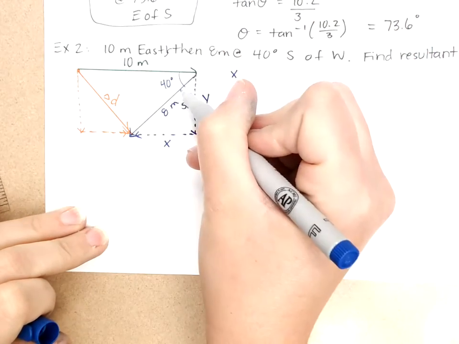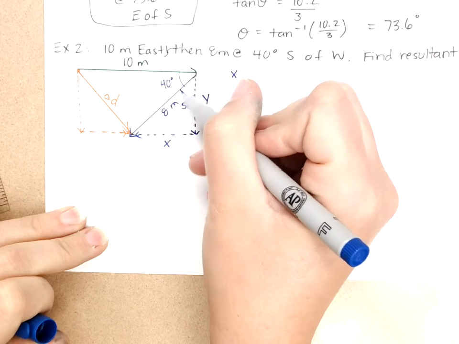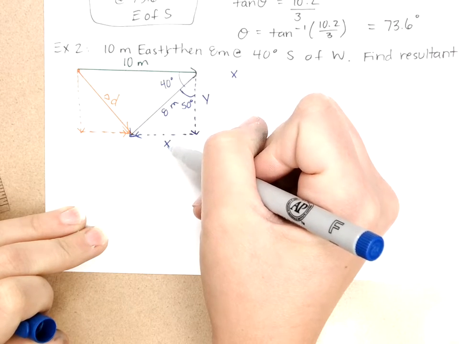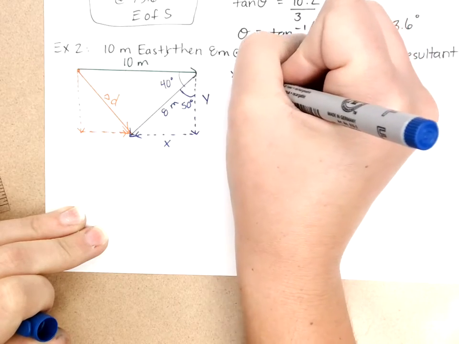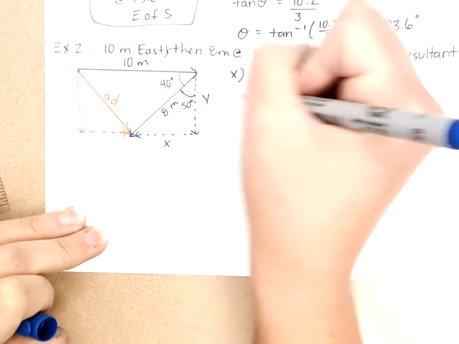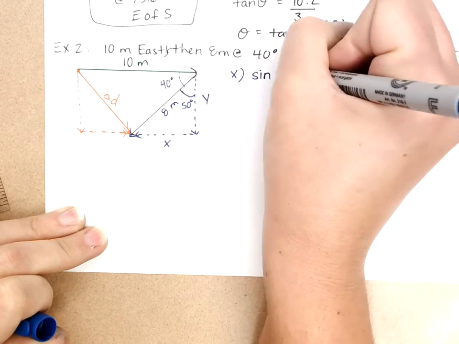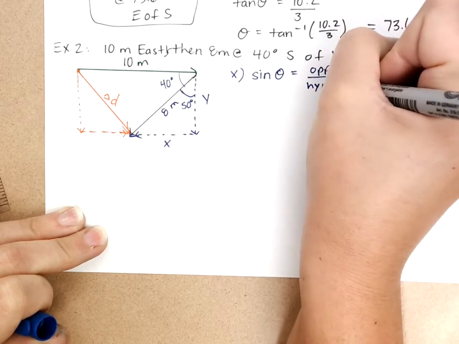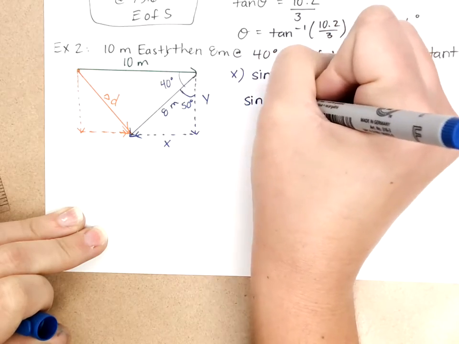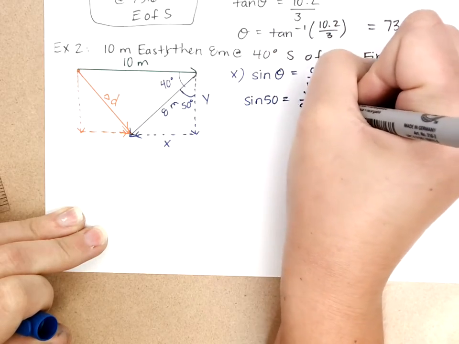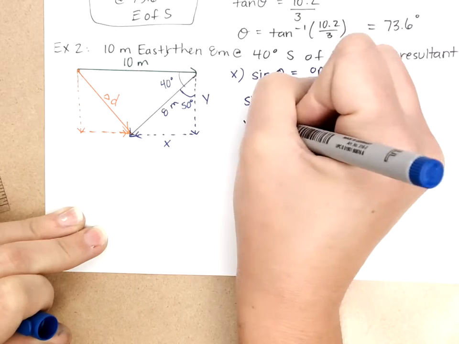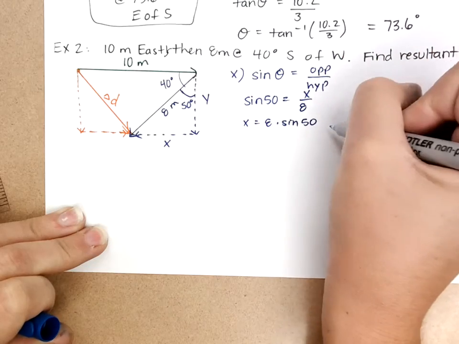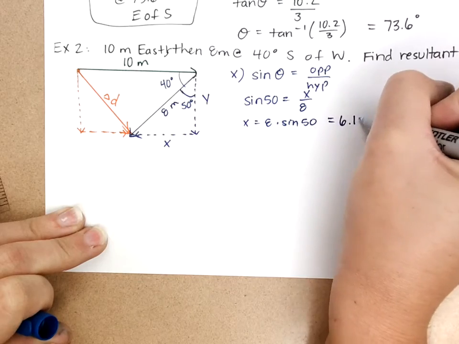If we look at this angle, 50 degrees is our angle because it's the one that's inside this triangle. Opposite is x, so opposite over hypotenuse. Sine theta is equal to opposite over hypotenuse. So sine 50 equals x over 8. We solve for x, we get 8 times sine 50. When you plug that in, you should get 6.13.